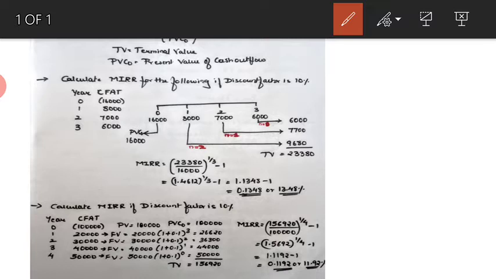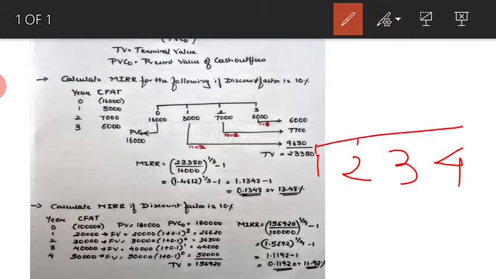It is 20,000 into 1 plus 0.1 raised to 3. Why 3? If you see 1, 2, 3 and 4, this is the timeline for this project, 4 years. So for the first year's cash flow, how many years do we have to move ahead? 1, 2 and 3 years. So here n is 3.